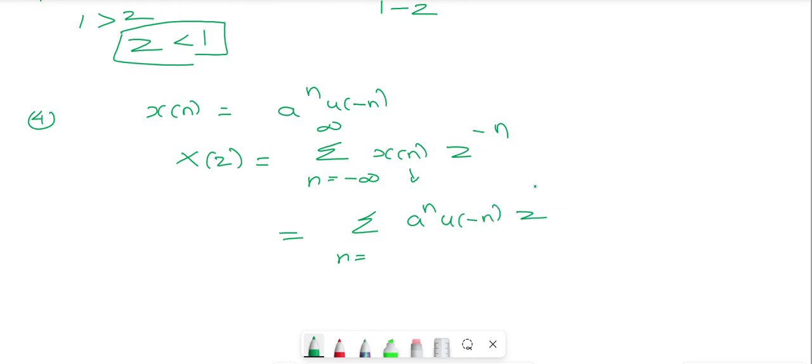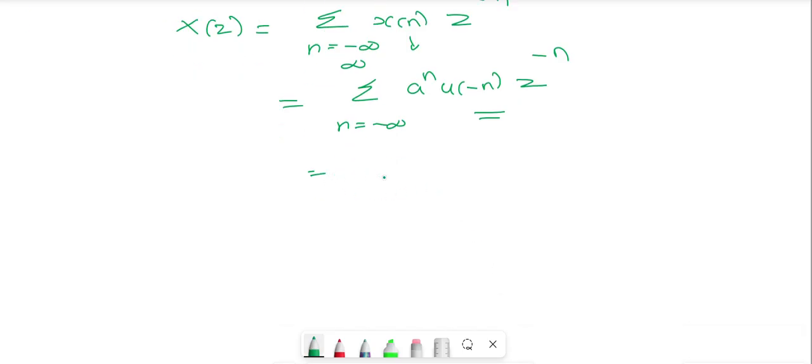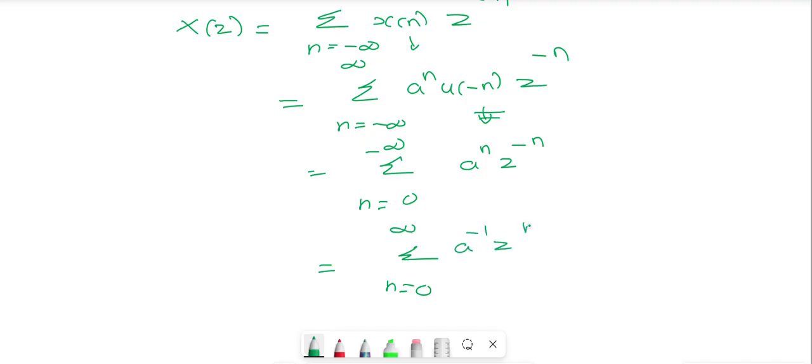You know the representation of u of minus n we have just seen. So the limits n equal to 0 to minus infinity, this will become 1. So you can write a power n z power minus n. Next, n equal to 0, changing the sign, then inside a power minus 1 z power n.